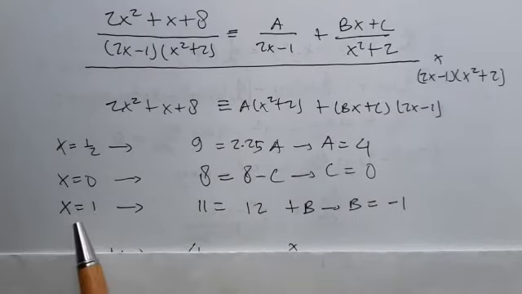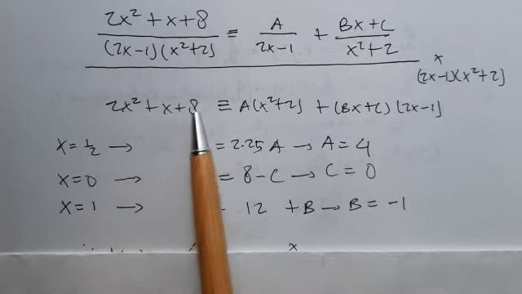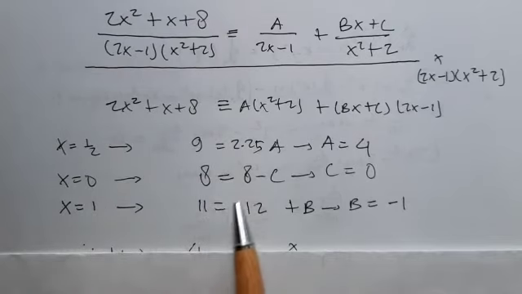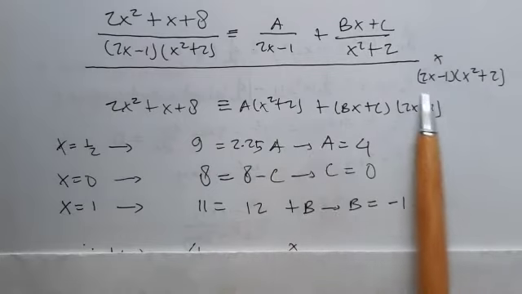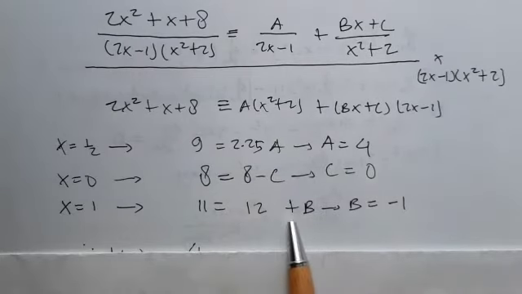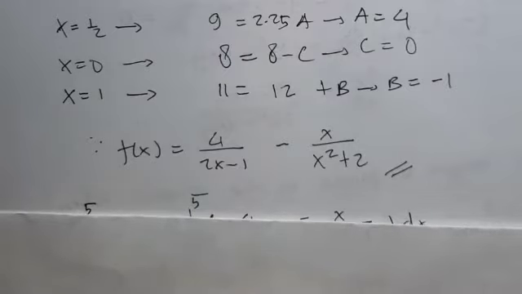For another value, I choose x = 1: 2 plus 1 plus 8 is 11, and substituting 1 in the right-hand side becomes 12 plus b, thus b is minus 1.